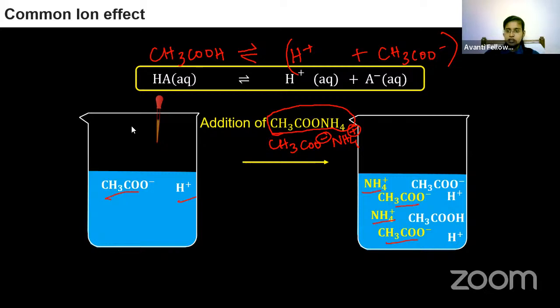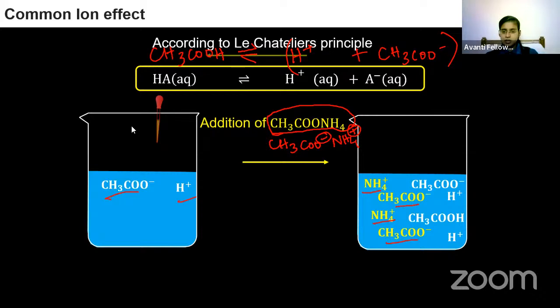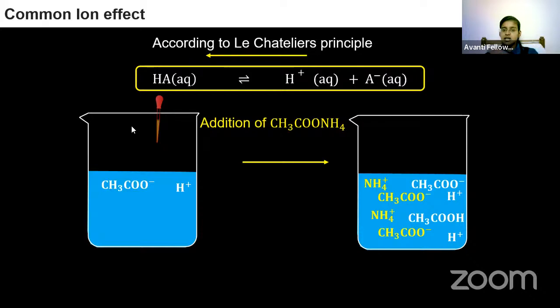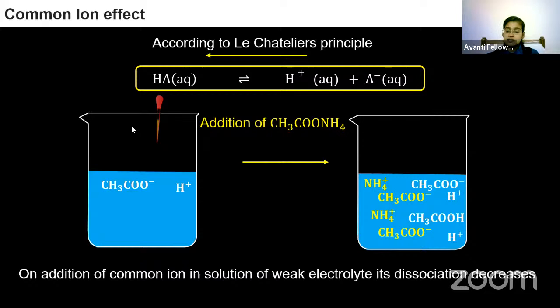Got it? Now, according to Le Chatelier's principle, which we have studied in chemical equilibrium, on addition of this particular compound to the system, the equilibrium will shift towards the left side. That is, on addition of a common ion to a solution of a weak electrolyte, meaning a weak acid, CH3COOH is a weak acid, right?